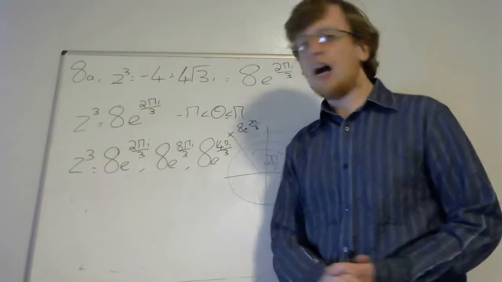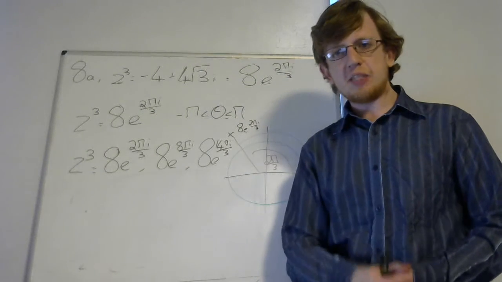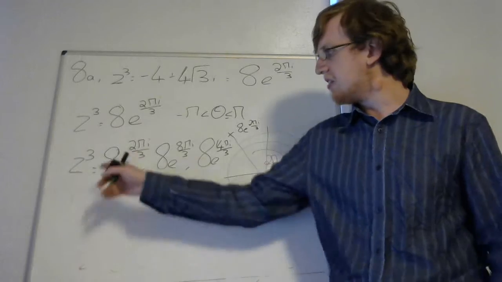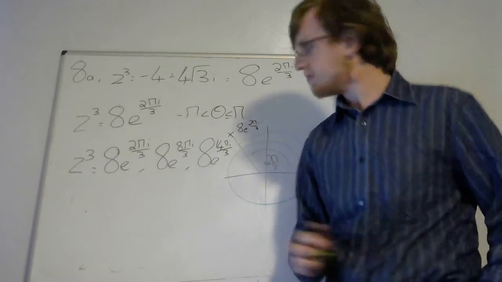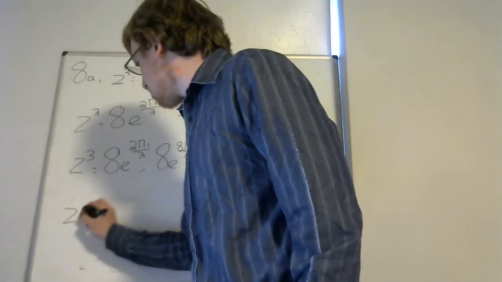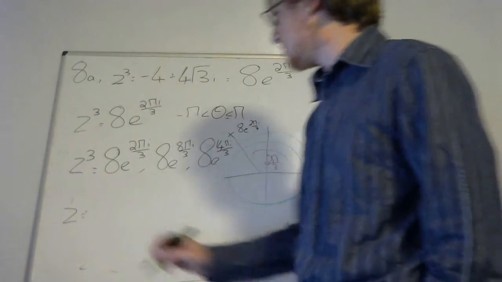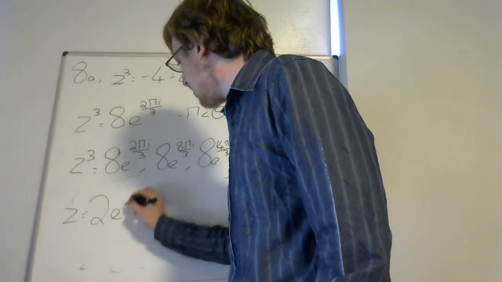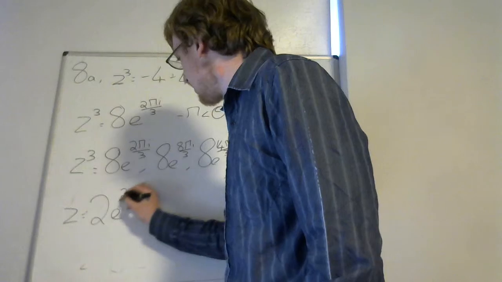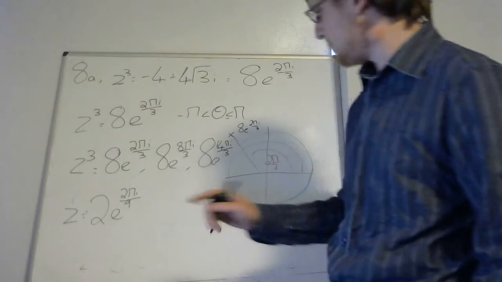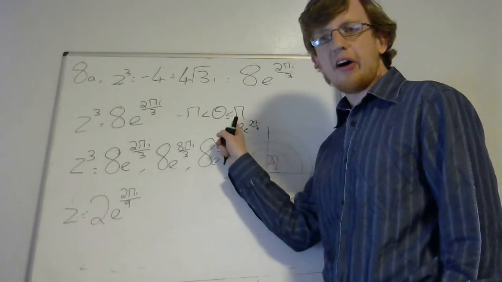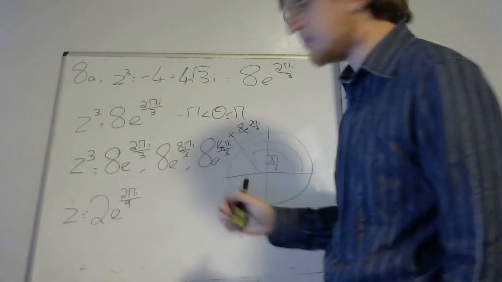Cool. And now we can raise both sides to the power of a third to get rid of this cubed here. So z equals the cube root of 8, which is 2. And then we divide the power by 3. So 2 pi i on 9. Well, that's under pi, so that's in our interval. We're all good.